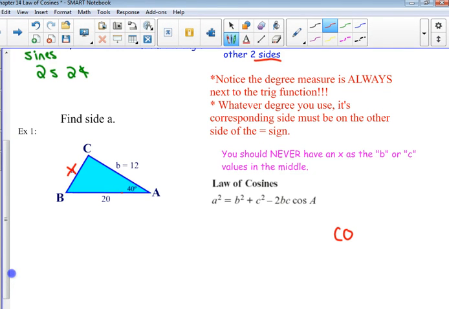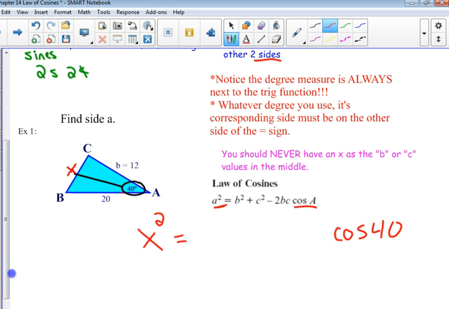I'm going to start with the cosine of the angle. What's your angle here? 40. 40, good. Now what's across in my triangle? I find my 40 and say, what's across from it? X. So that's got to go across the equal sign. So way over here should be X squared.